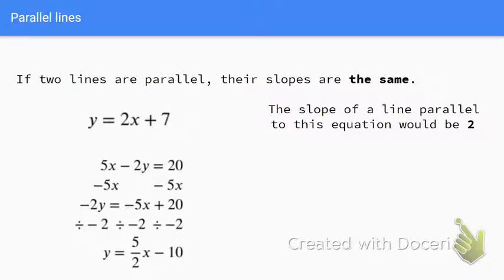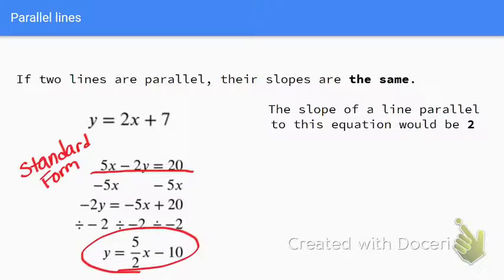I know there's a lot going on, but here's where I want you to focus. If I had an equation in standard form and I was asked to find the parallel line, I would need to solve it for slope-intercept form first, so that I could say what the parallel slope would be.